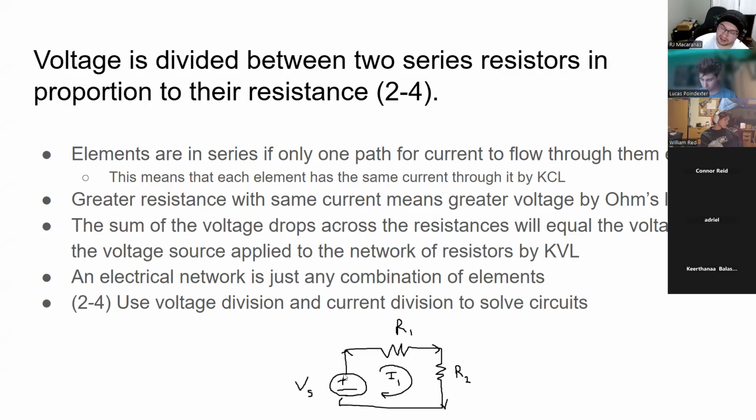We can't have more voltage across these resistive elements than is being supplied, because the source is really the only thing capable of supplying any kind of power. These resistors will be absorbing power.